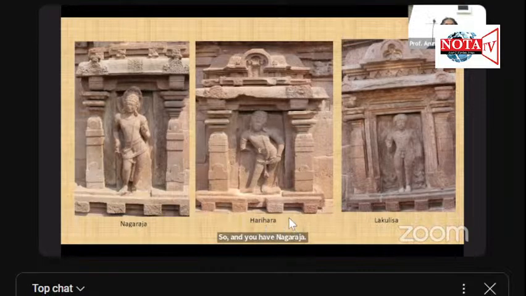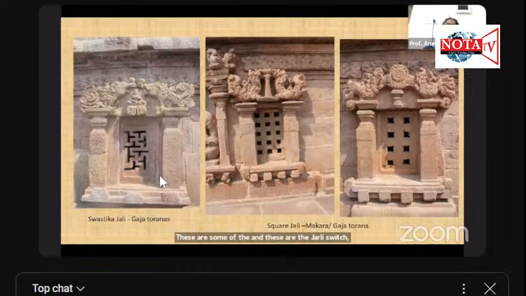Harihara, and then Lakulisa. These are some of the sculptures, and these are the jalis, which are quite interesting. One unique thing is, every jali is different and every torana is different. Here you have a swastika jali, and it has gaja toranas. Gaja has been depicted in this way.